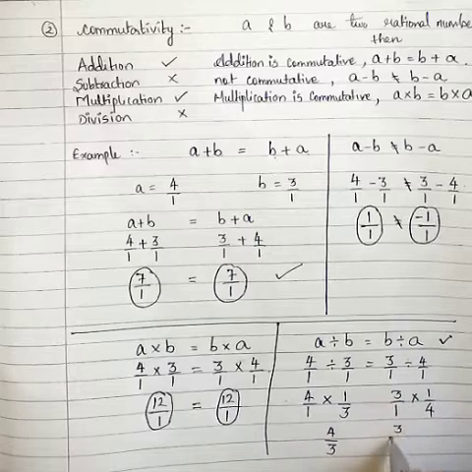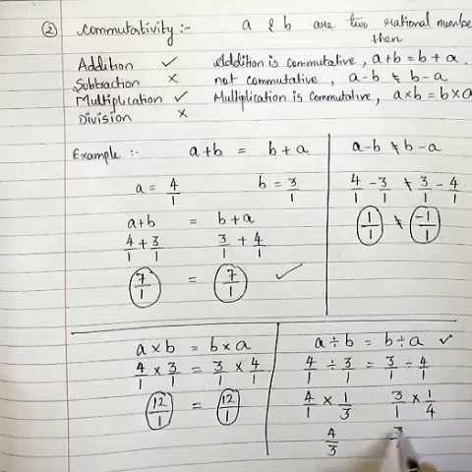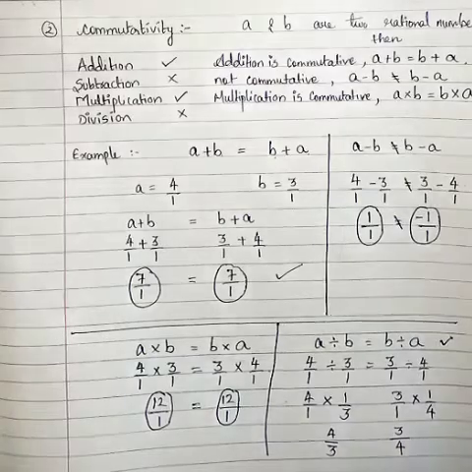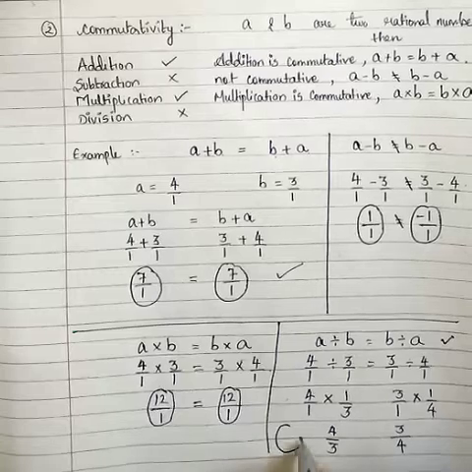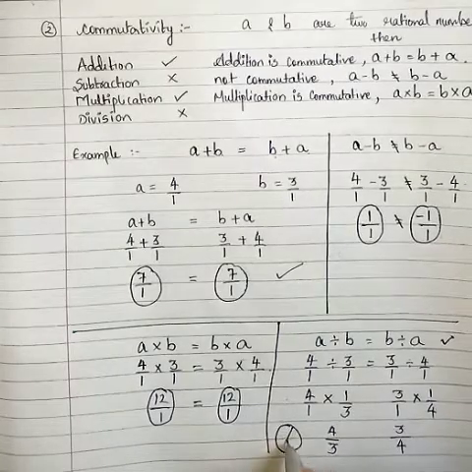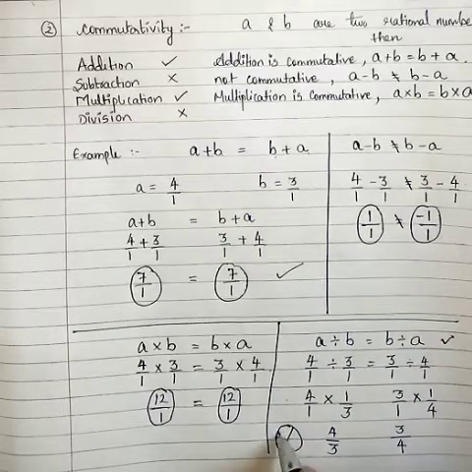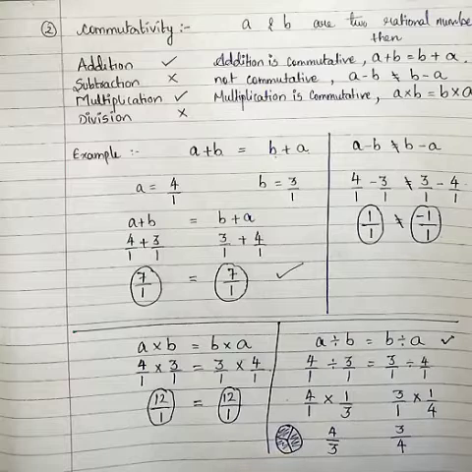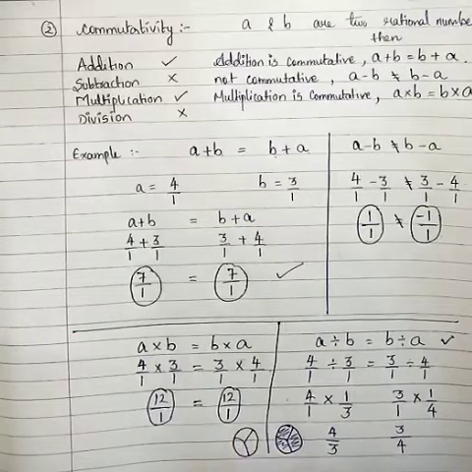Here 3 ones are 3 divided by 4 ones are 4. 4 by 3 is not equivalent to 3 by 4. 4 by 3 means, suppose this is my circle, which contains 3 parts, right, these 3 parts are full, and one more circle which contains 3 parts, right.